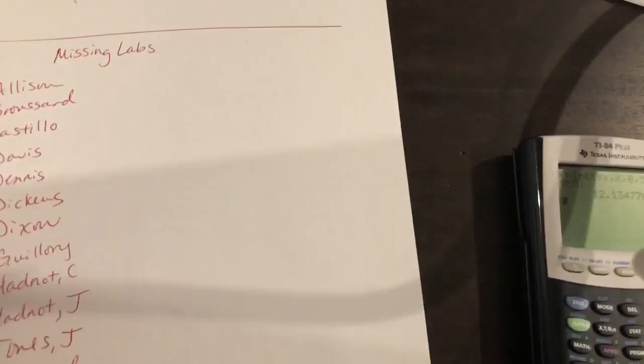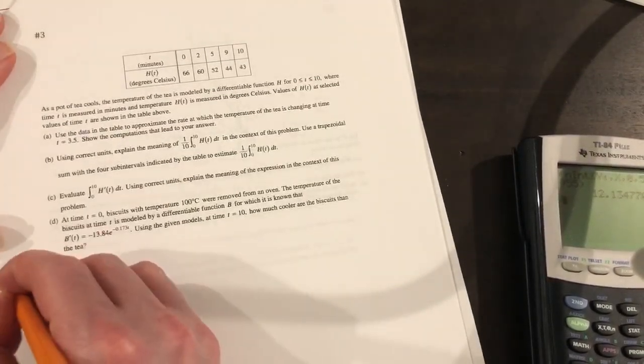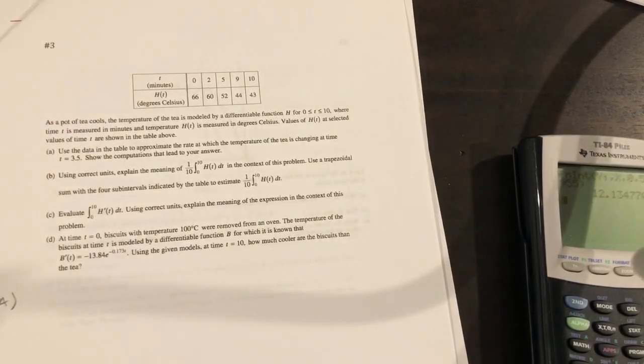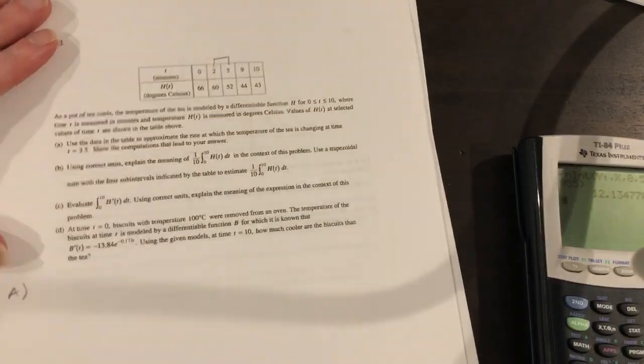Next question is, so those are all calculator. This will be another calculator one. Okay, part A. It says use the data to approximate the change in temperature at t is equal to 3.5. Okay, so 3.5 is located in between those 2 points.